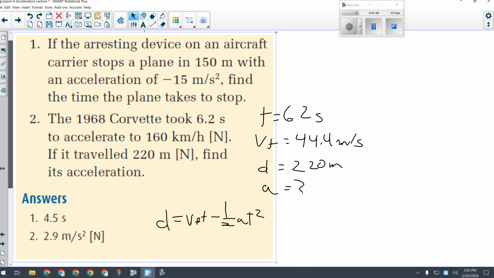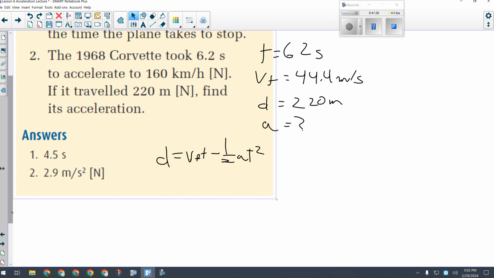So if I want to solve for A, my first move would be to add the 1/2 AT squared over to the other side so that it's positive. Then I'm going to subtract D from both sides. And then I'm going to divide by 1/2 of T squared so that A is now by itself.